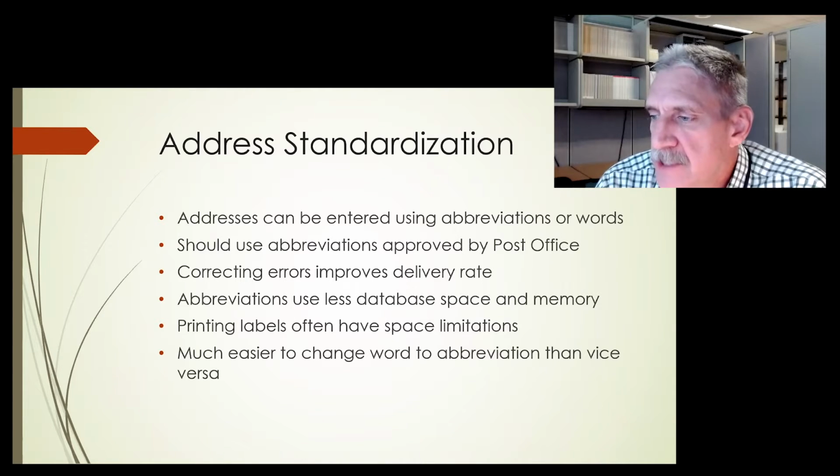And I found that it's much easier to change a word to an abbreviation than the other way around. If you see Ranch Road, you can be pretty sure that it's okay to abbreviate it RR. If you see RR somewhere in an address, you don't automatically know that it needs to be changed to Ranch Road. So one way is easy, the other is not.